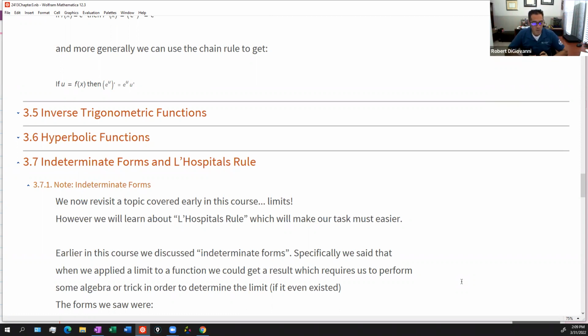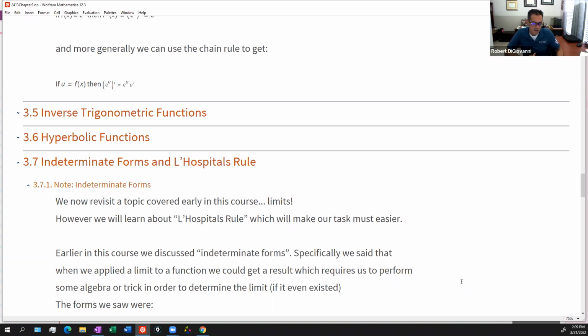We are now going to revisit a topic covered earlier in this course: limits. Isn't that where we started the course? We're about to go back and do limits again. But we're going to learn this new rule called L'Hopital's rule, which you're going to love for a little while, and then you're going to realize it can get complicated, but you're still going to love this rule.